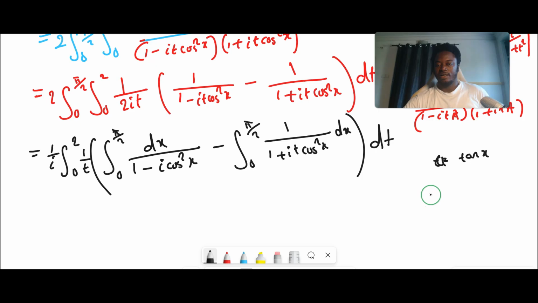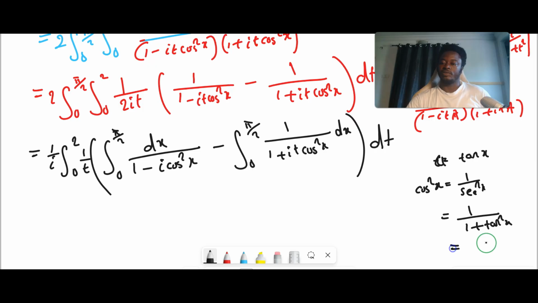Well, cosine squared x is 1 over secant squared x, which is just 1 over 1 plus tan squared x, which is going to be 1 over 1 plus u squared.